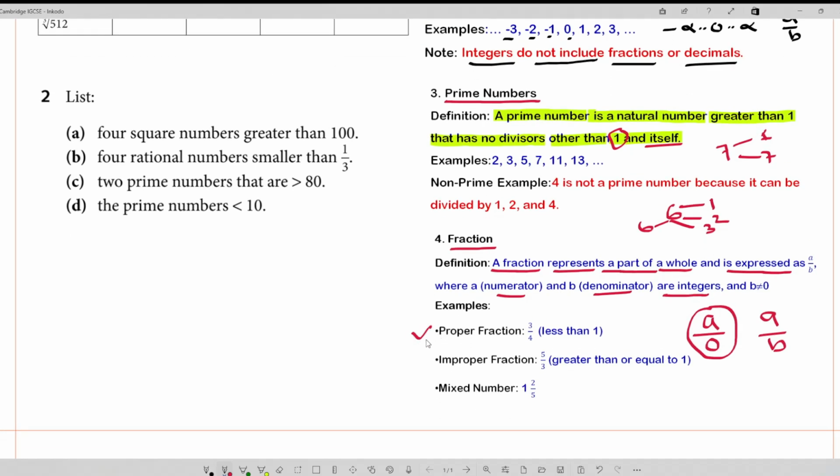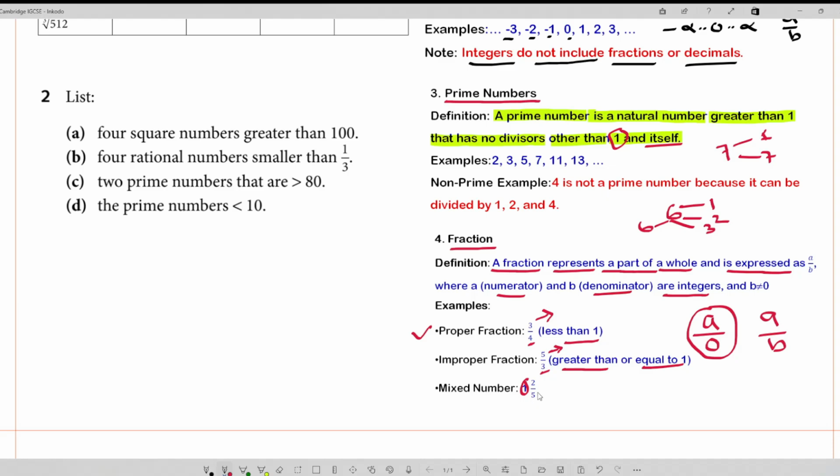First is a proper fraction, where the numerator is less than the denominator, like 3/4, and the result is less than 1. Improper fraction, where the numerator is larger than the denominator and the result is greater than or equal to 1. And mixed fraction, a whole number and a proper fraction.